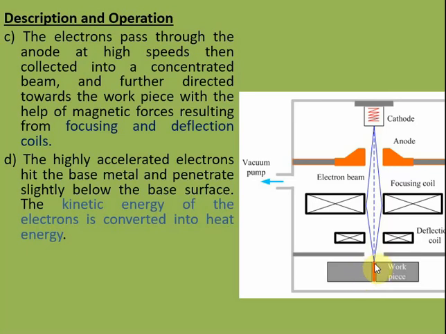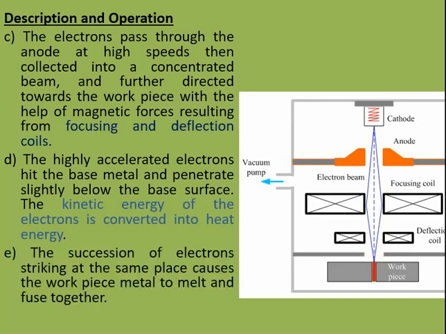That heat will melt the junction zone of the workpiece, and the joint will be obtained from this melted portion. As the electrons continuously emit from the cathode, the tungsten electrode, the heat will be generated continuously. Finally, we will get the required joint.